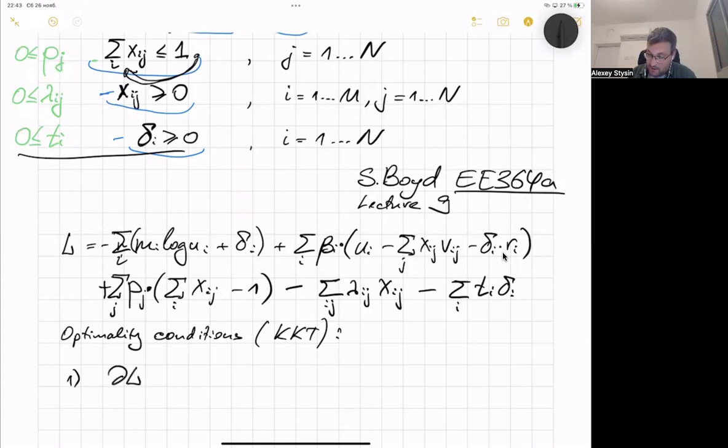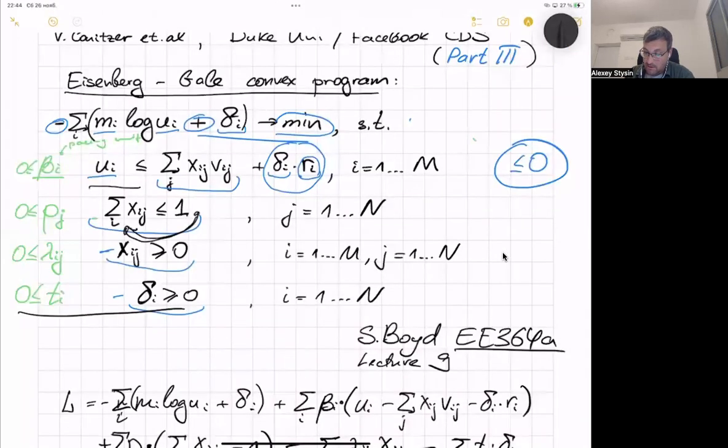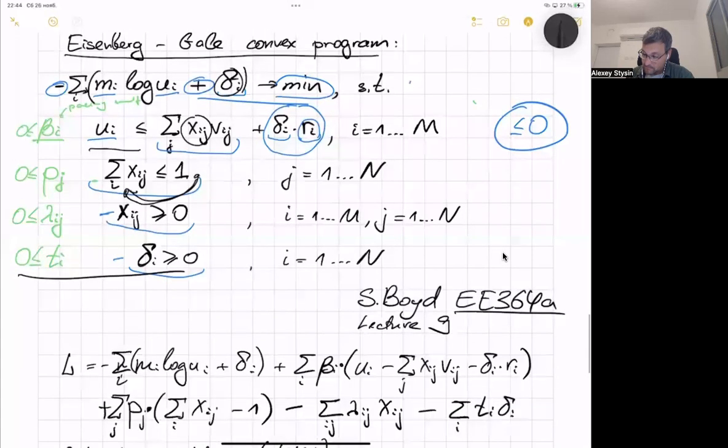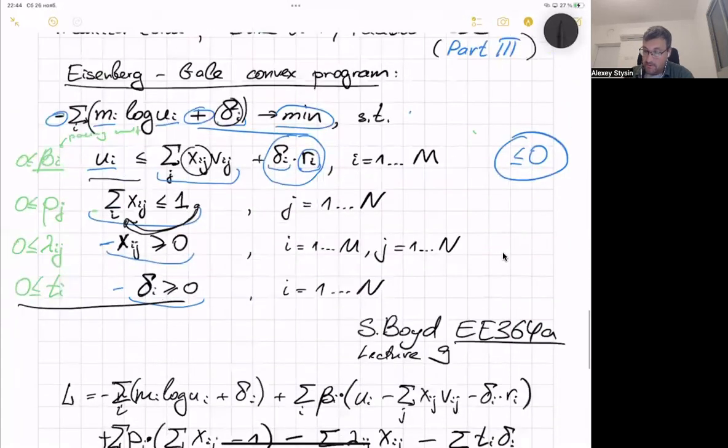So this is saying that the derivative of L over xij, each of them should be 0, and the derivative of L over delta I. So remember, this and this should be considered the primal variables.